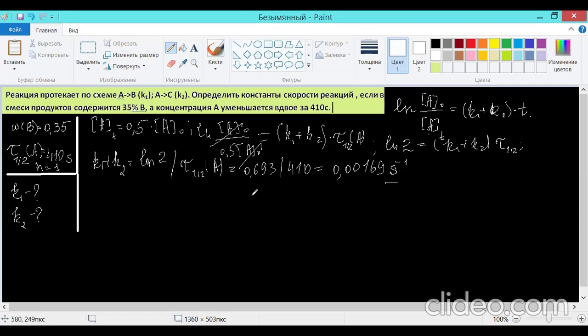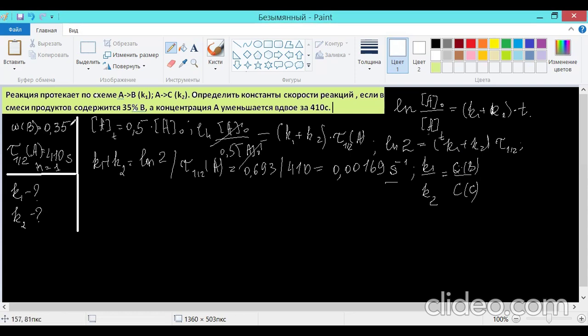Okay, now we also remember the formula that K1 divided by K2 is equal to the concentration of B to the concentration of C. But the measurement units of C are moles per liter or moles per cubic meter, right?